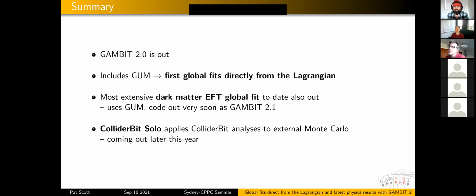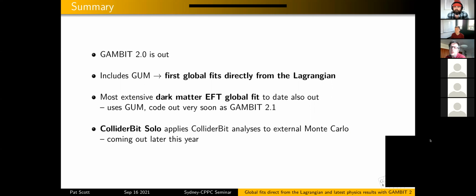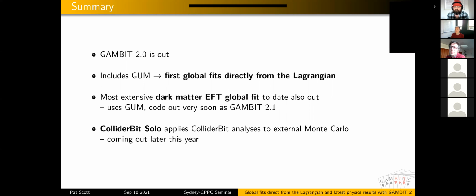Increasingly many experimental papers will also, in the data they advertise, include various theoretical parameters inside their published data. So, for example, form factors, if you take something like B hadron decays. If they publish a full likelihood that includes those parameters, are you able then from Gambit to link into that in some way and do an overall optimization?